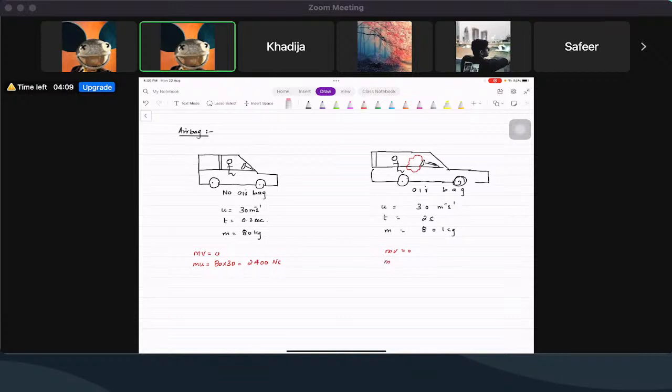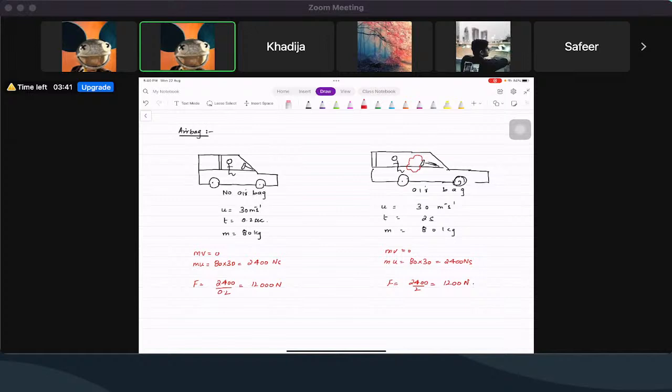Now if I want to find the force, for this momentum you have to divide by 0.2, so that's going to be 12,000 newtons on the man, whereas on this one it is going to be only 1200 newtons.